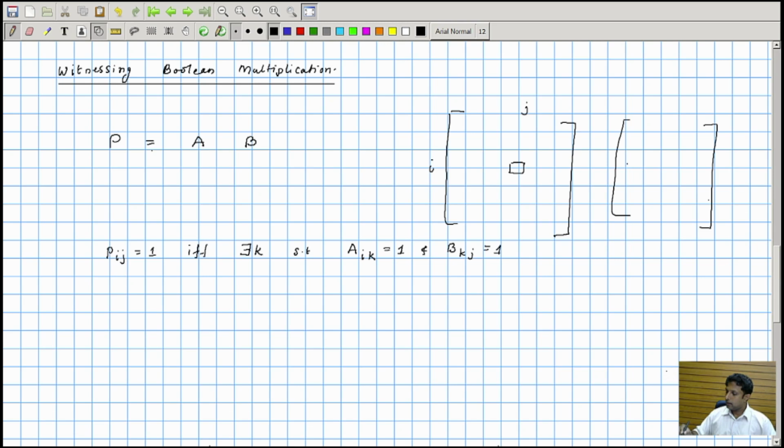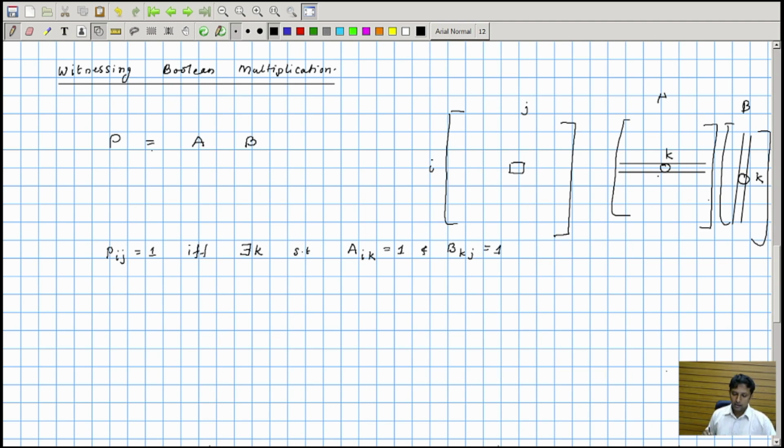If you look at the ith row of A and the jth column of B and multiply them out, what you get is the ijth entry in P. And this multiplication is Boolean multiplication. So this multiplication is going to give you 1 if and only if at the kth position in this row and the kth position in this column you have 1.